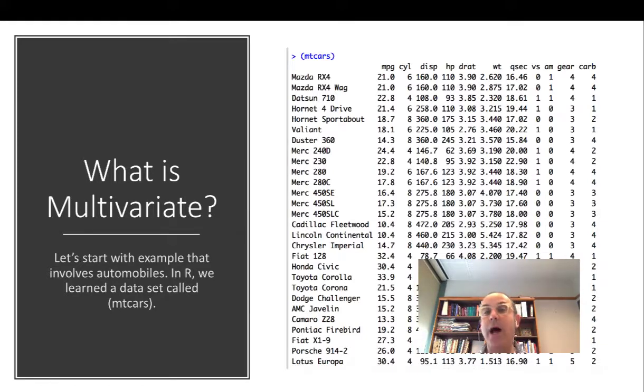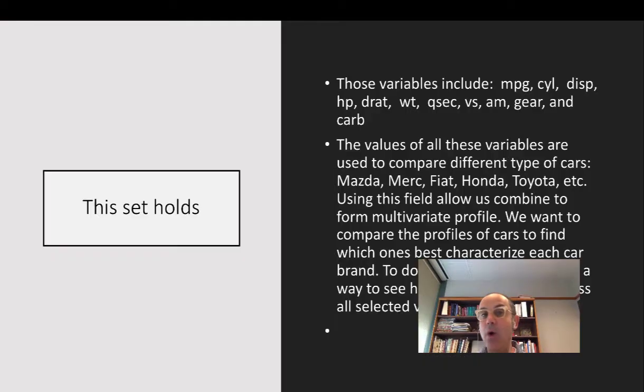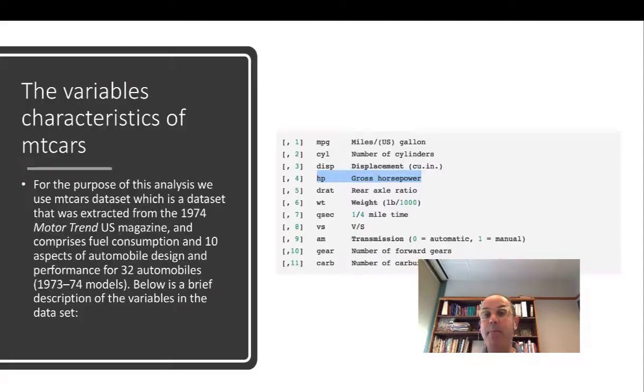For example, mtcars in R is a list of 24 cars that provide us some description of the mileage, the cylinders, the horsepower, etc. This data set holds variables that we can display and apply.